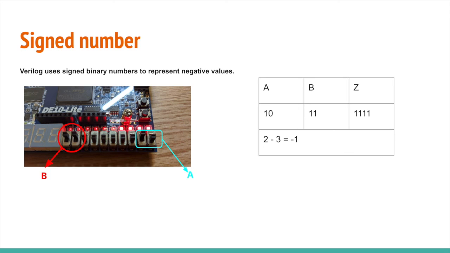To verify our answer, we can convert 1 into -1. 1 has a binary number of 0001, and it has a complement of 1110. When we add 1, we get 1111, which is -1. And -1 in this case indicates 4 lights on. And as we can see in the picture, it is indeed -1.